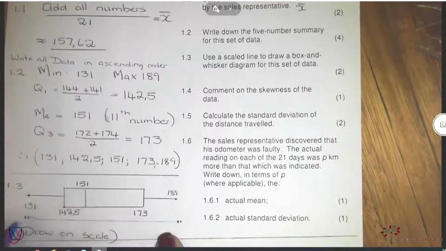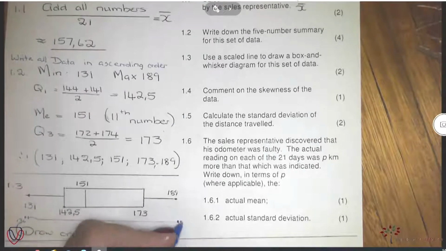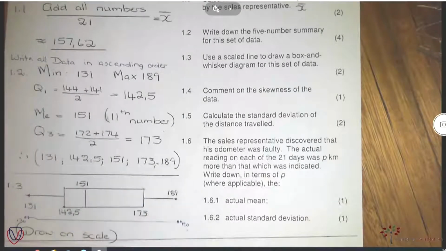There you do your scale, from 130 to 190. Do it in an easy way. Take intervals of 10. Use your ruler. You can use the whole page. You can use 10 centimeters to get there. It's only 6, so you'll have to take 2 centimeters for every, I'm not going to do it now, 140, 150. Look how accurate I was.